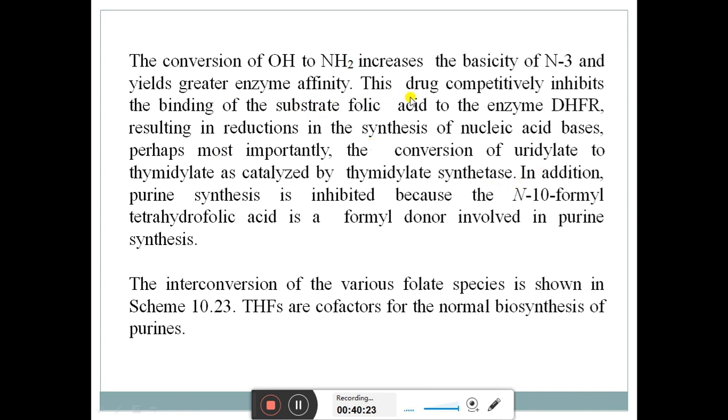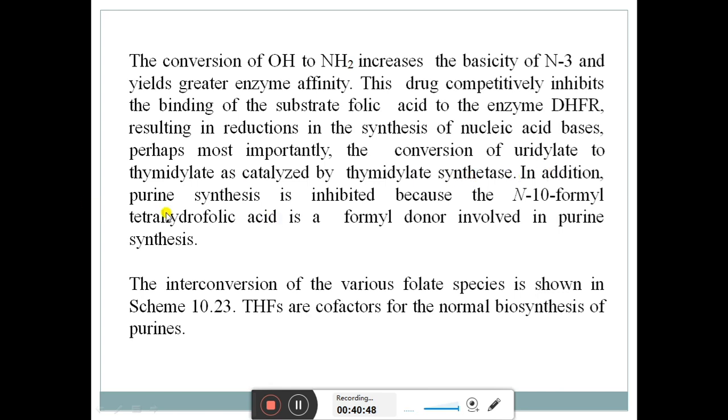This drug competitively inhibits the binding of the substrate folic acid to the enzyme dihydrofolate reductase, resulting in a reduction in the synthesis of nucleic acid bases. Perhaps most importantly, the conversion of uridylate to thymidylate as catalyzed by thymidylate synthetase.